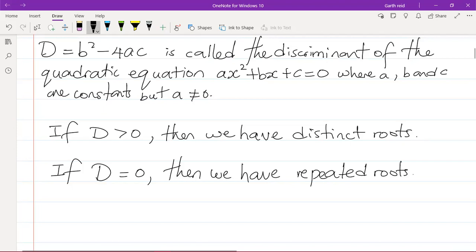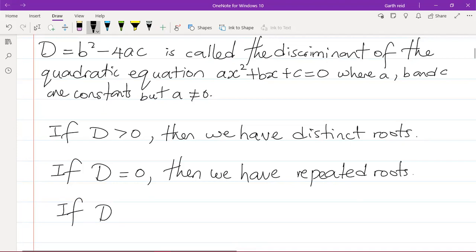For example, you might get x equals negative 3 and x equals negative 3 again. Those are repeated roots, or we could say equal roots. In the first case, where we have distinct roots, it could be something like x equals 2 and x equals 3.